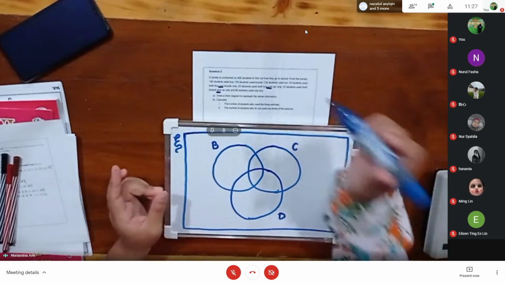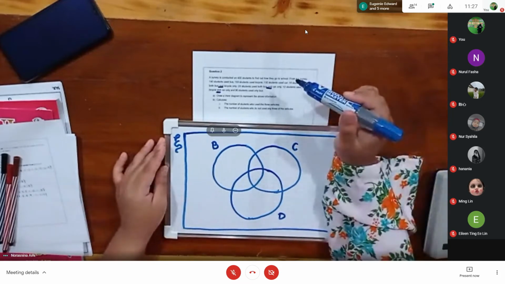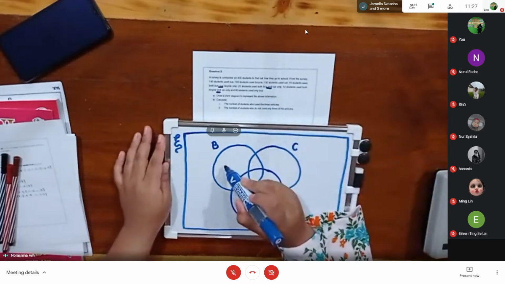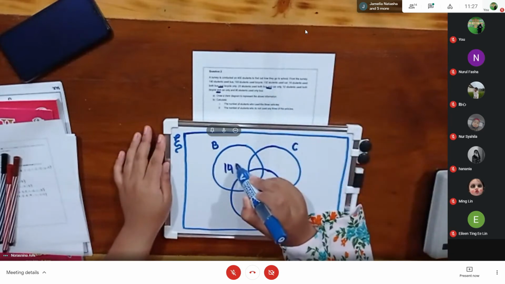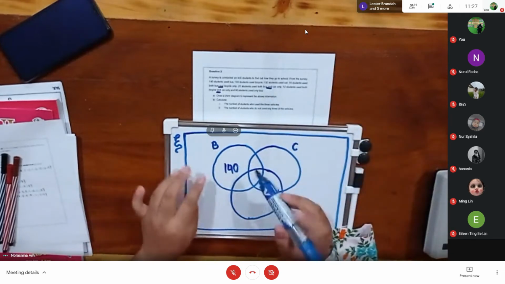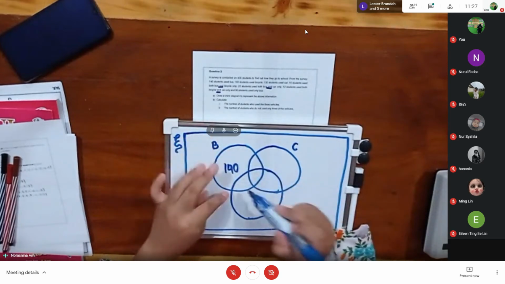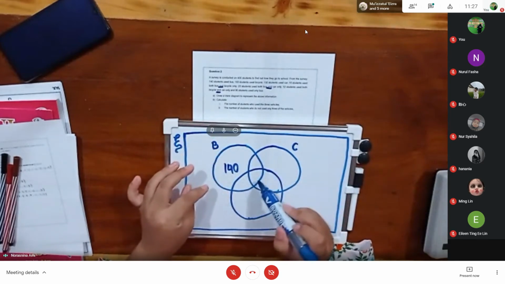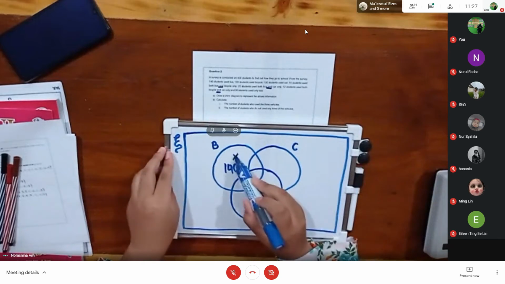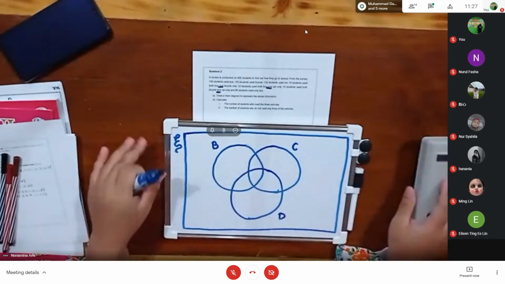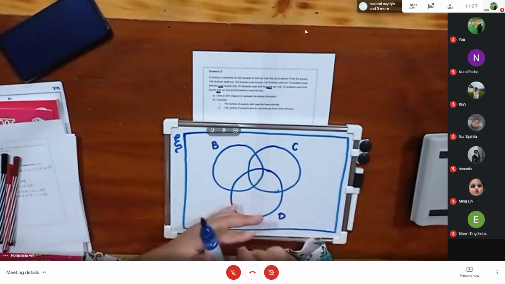Okay, we cannot say that 140 students use bus. We cannot put 140 here because 140 represents the whole circle, involving the intersection parts. This is wrong. We need to calculate who use bus only.